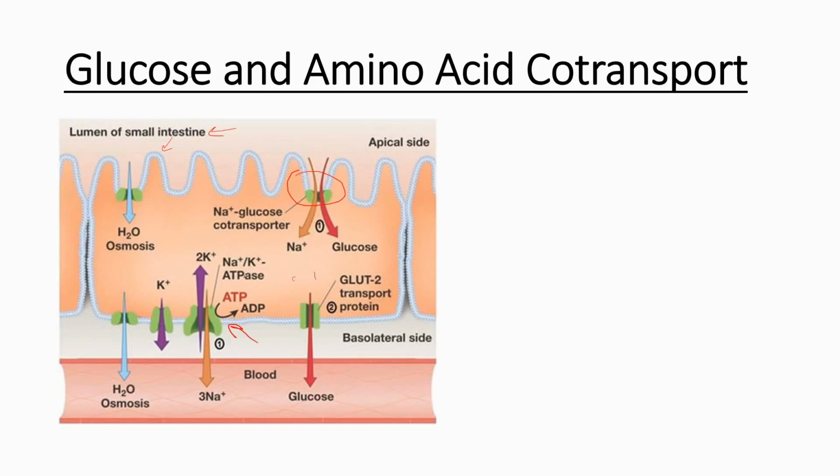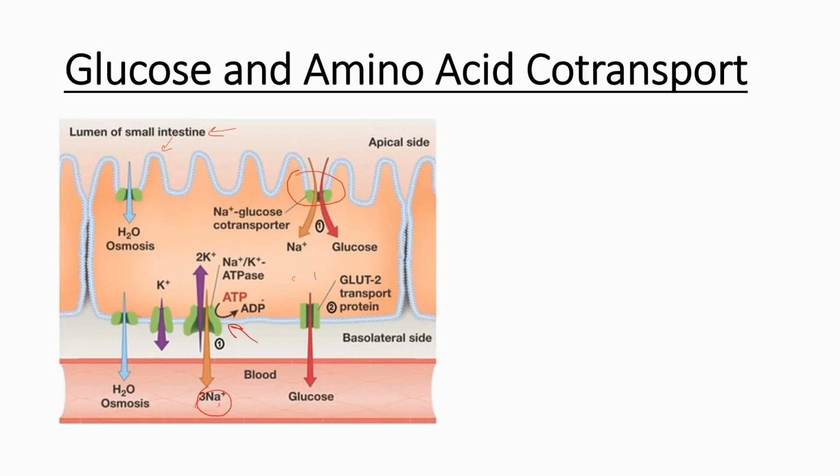So number one, the sodium potassium pump hydrolyzes ATP, and this energy that is released is used to actively transport 3 sodium ions out of the epithelial cells into the blood. And at the same time, 2 potassium ions are actively transported into the cell.